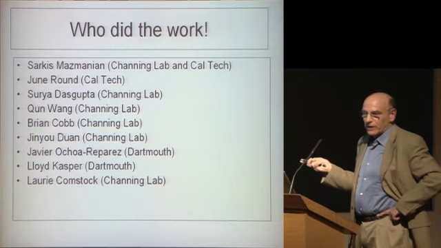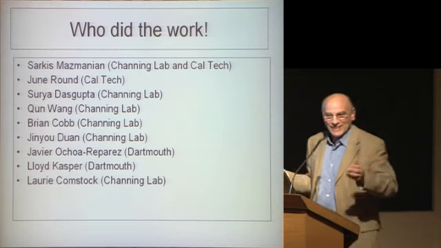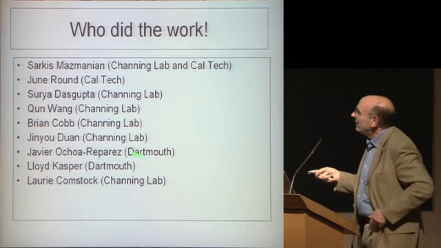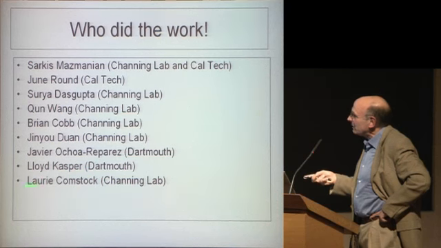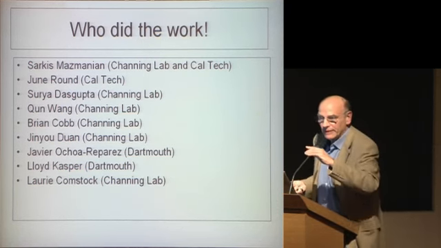My brother actually happens to be a neurologist, so it was very convenient to learn the EAE model and get it done. He does it in his lab, and his postdoc, Javier, they did most of that, and then Laurie Comstock has done most of the genetic work that I talked about.